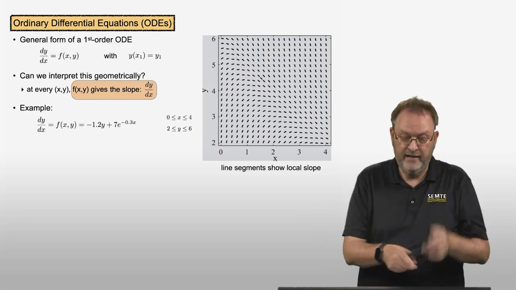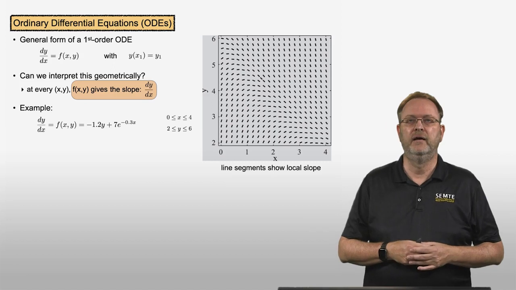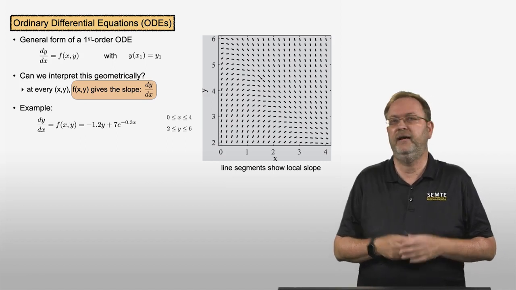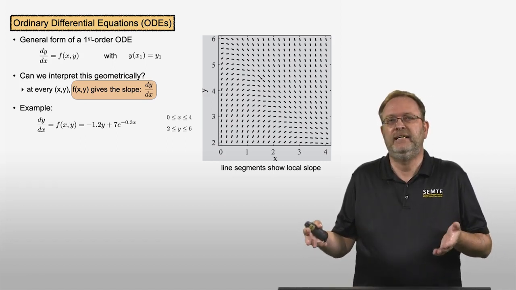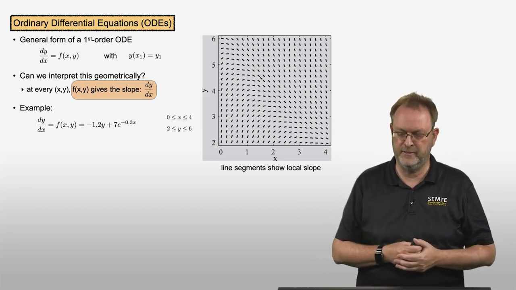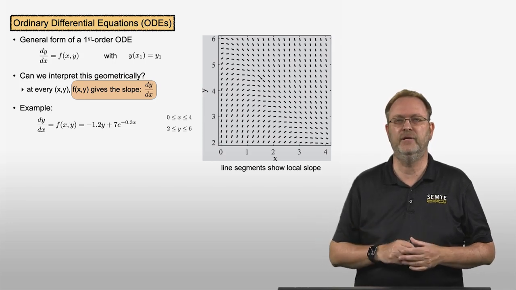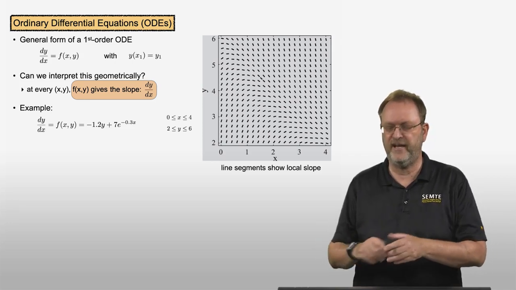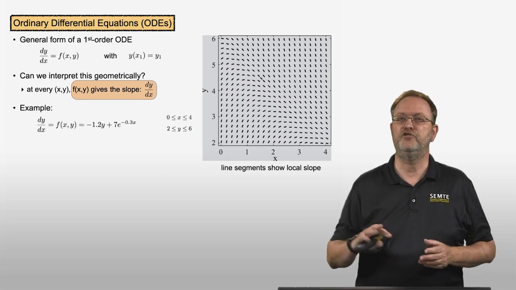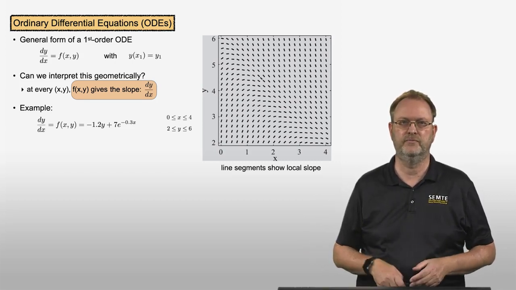Now, I can evaluate this f at data pairs of x and y, which I have done here. And I know that this f of x, y is supposed to give me the slope of the function y at that point. So what's done here is I've drawn line segments at combinations of x and y values that show me what the value of this local slope is.